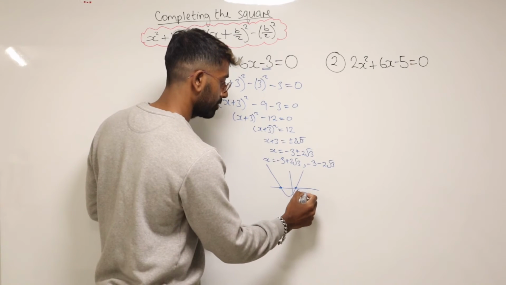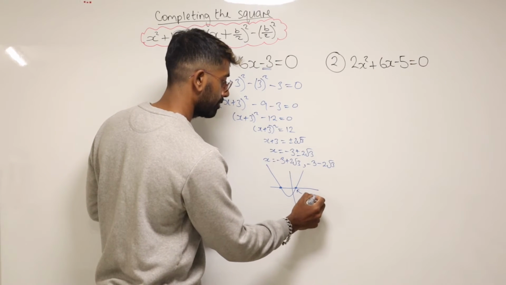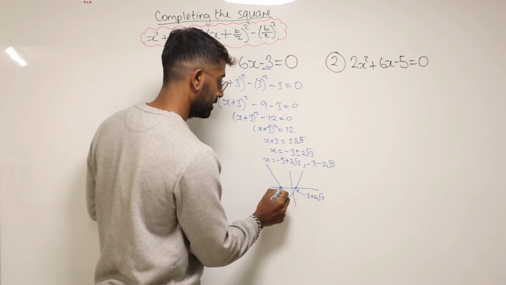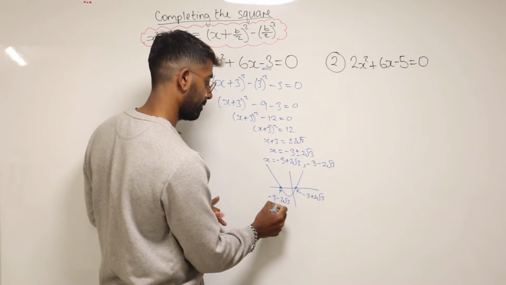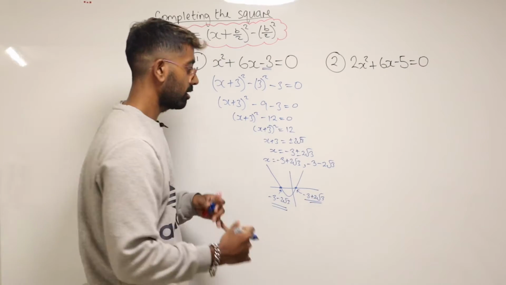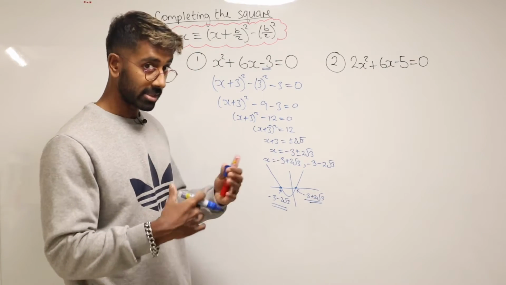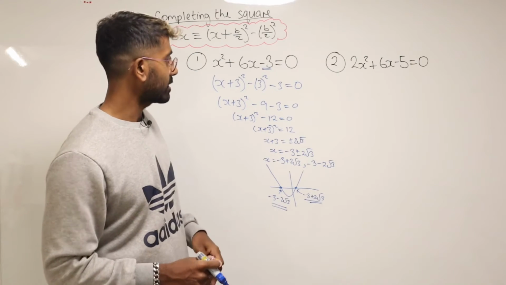And this value here would be minus 3 plus 2 root 3, and this one here would be minus 3 minus 2 root 3. So those are our answers for x, or we can say those are our roots as well. So that's what they tell us.